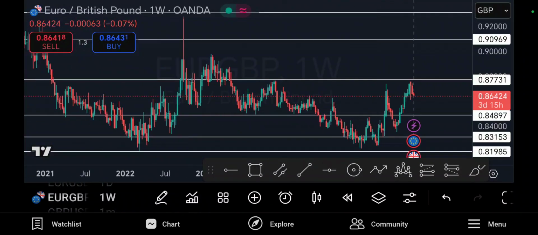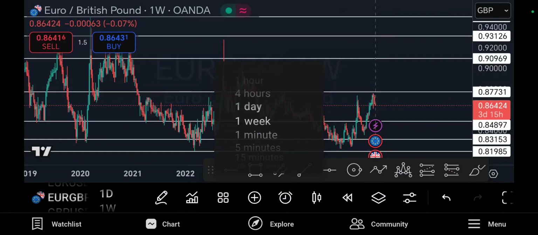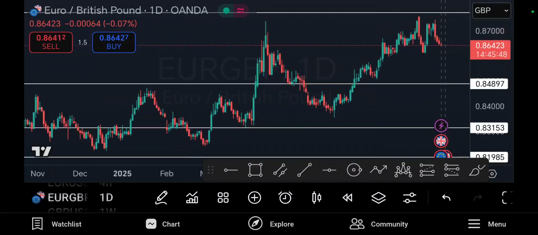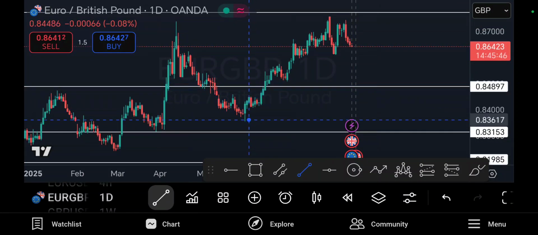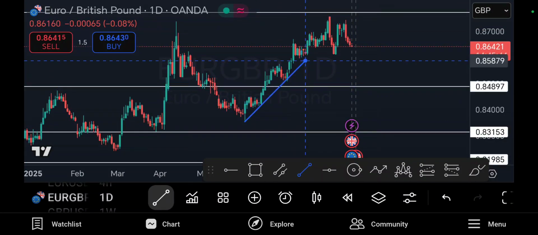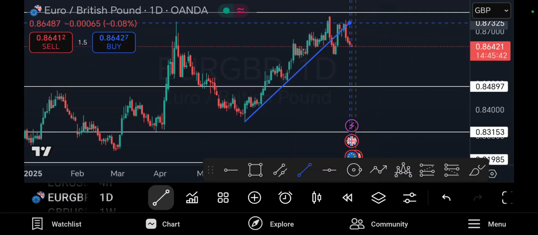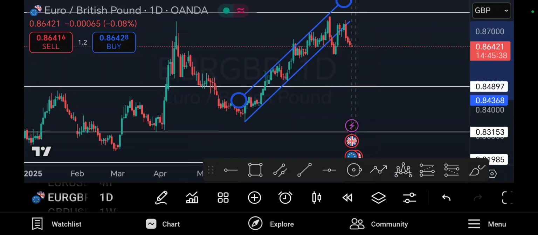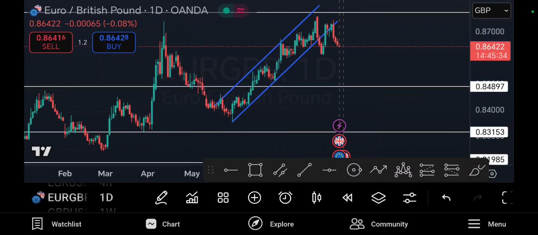So with that being said, we can push to the daily. On the daily time frame, we have this. See, it's already creating a double top. I'll just show you now. See, it actually broke out, came back to retest. Now it's sinking to the downside.